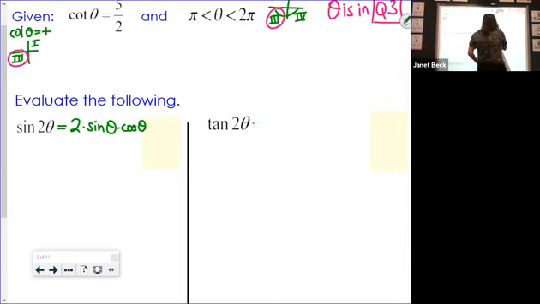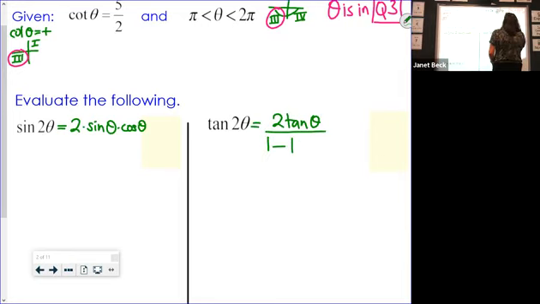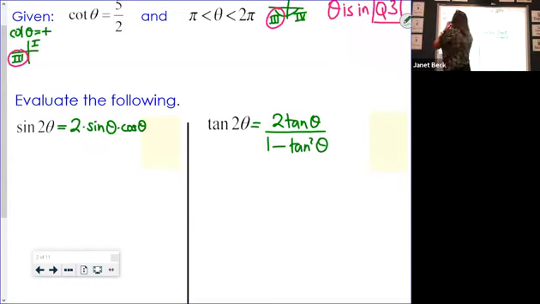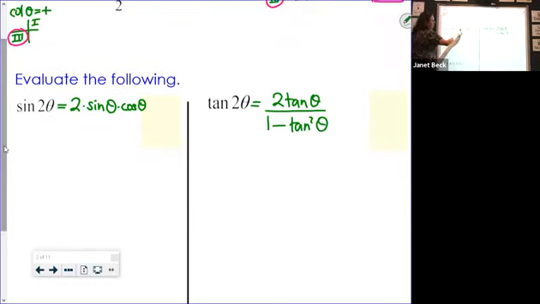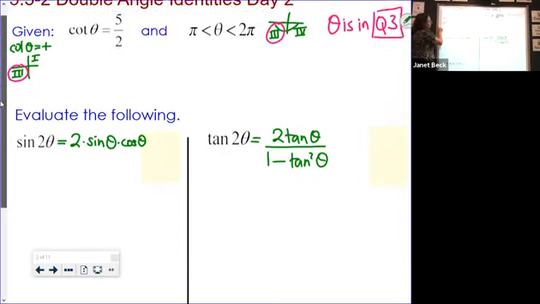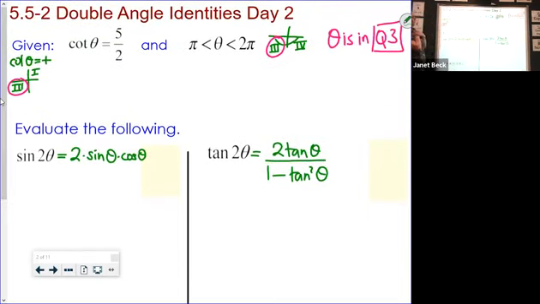And the tangent, it is 2 times the tangent of theta over 1 minus the tangent squared of theta. So in order to be able to use these, I need to know the sine, the cosine, and the tangent of theta. So what we can do from the information we were given is we don't know what theta is, but we do know it lies in quadrant 3.